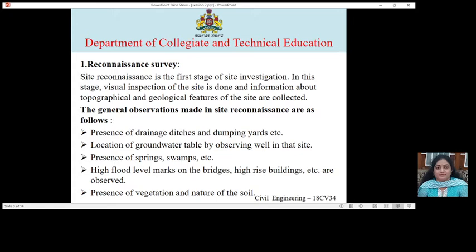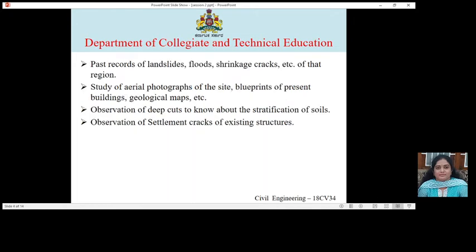Next is presence of springs, swamps, etc. Next, high flood level marks on the bridges, high-rise buildings, etc. are observed, which are close to the site. Next is the presence of vegetation and nature of the soil. This is only by visual inspection. So these are all the points that should be observed in this reconnaissance survey.